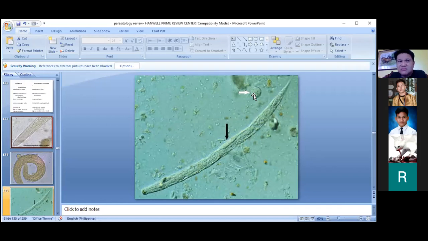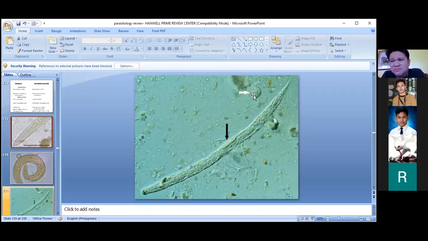If not, what can be the diagnosis? Yun yung tanong. So, ang sagot doon mga anak ay, hindi pwedeng Ascaris, Trichuris, or hookworm, kung makakakita ka ng larva doon sa stool.